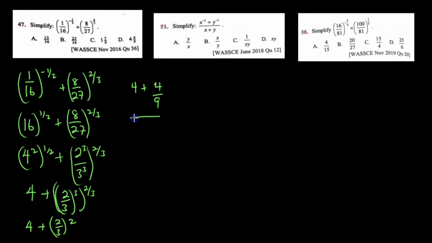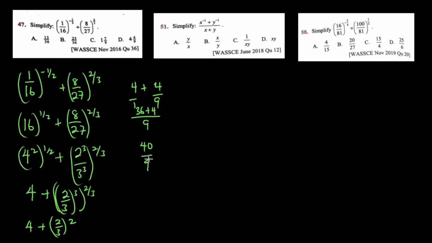So when you find the LCM is going to be 9. 1 goes into 9, 9 times multiplying 4, we have 36. Then 9 goes into itself, 1 times 4, we have 4. So 36 plus 4 will give us an answer of 40 on 9.